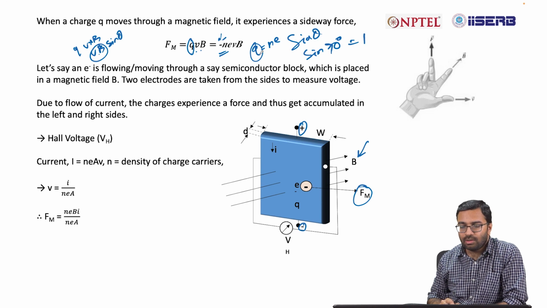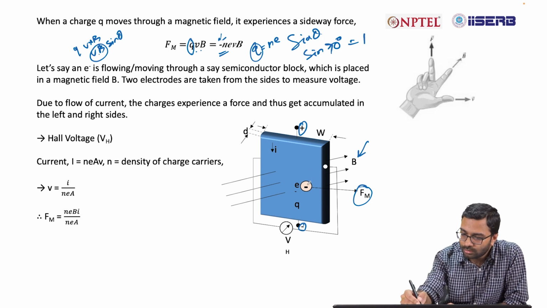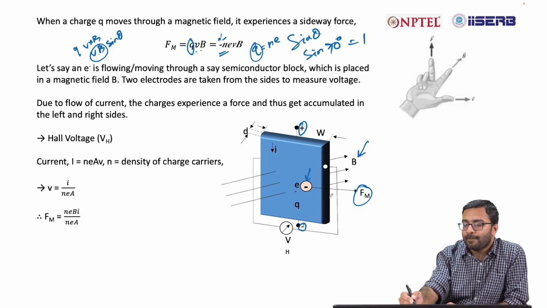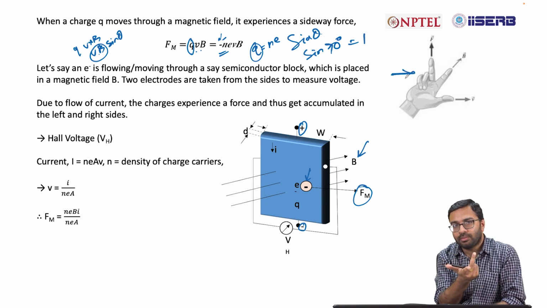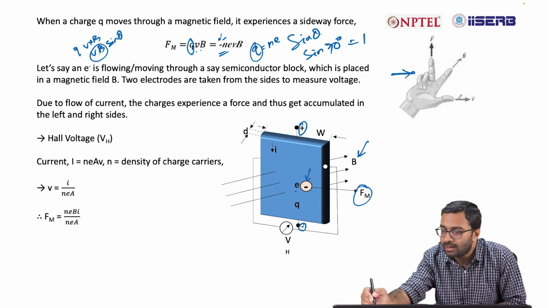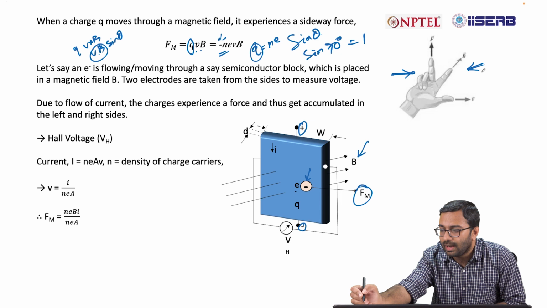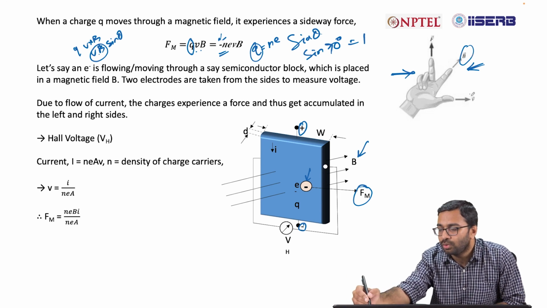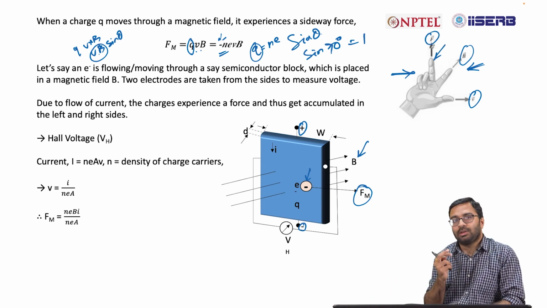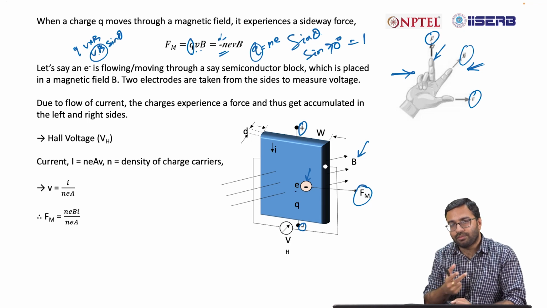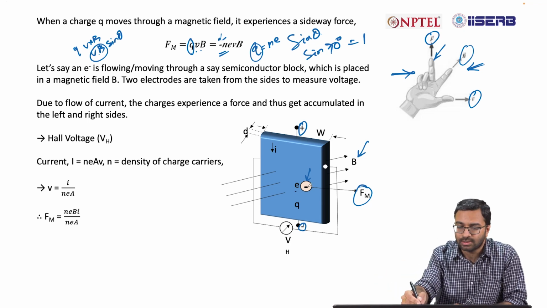So in such a situation, you will find there is a force on this charge carrier, and the direction of the force will be according to the right hand rule, right? If you put your hand in this shape, your index finger will show the direction of magnetic field, the thumb will show the drift velocity, then your middle finger will show the direction of force associated with this charge.